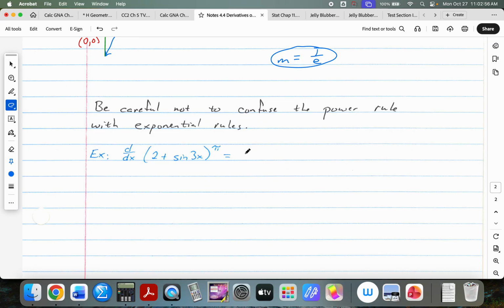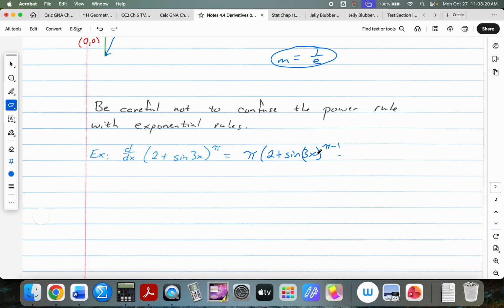So the derivative of this is going to be pi times 2 plus sine of 3x raised to the pi minus 1 power, times, because this wasn't just x, the derivative of 2 plus sine of 3x.